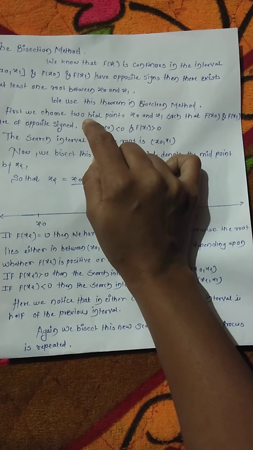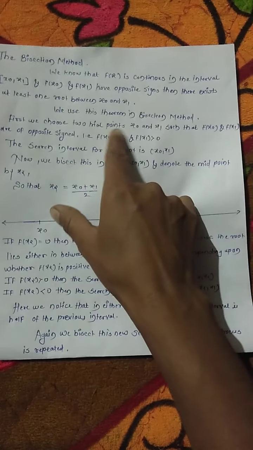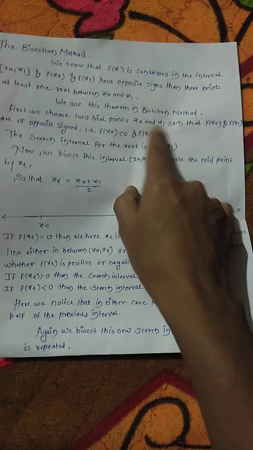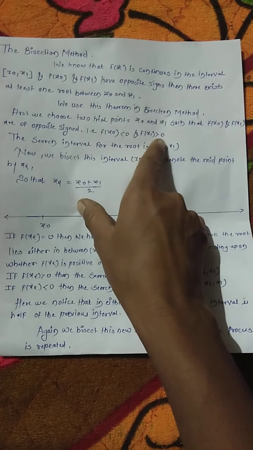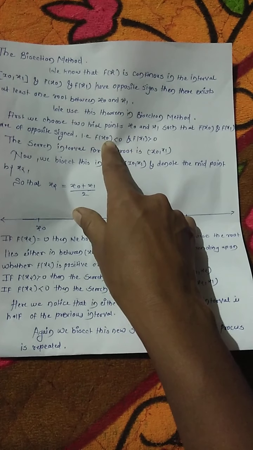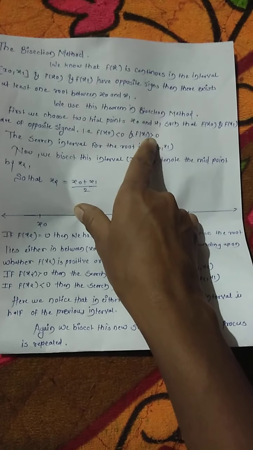First we choose two trial points x0 and x1 such that the images f of x0 and f of x1 have opposite signs, that is f of x0 less than 0 and f of x1 greater than 0, or f of x0 greater than 0 and f of x1 less than 0.